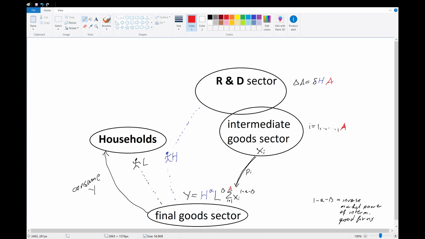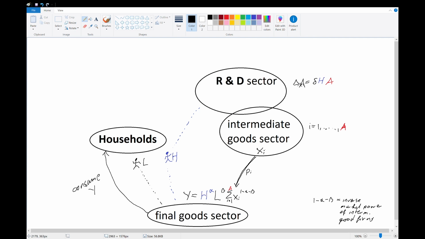So what does that mean? Sorry, by the way, this should be delta A. So this is the change in designs. In order to produce a new design, an engineer or a skilled laborer, a human capital kind of person, will take the stock of knowledge of the economy and interact with that in order to produce a new design.